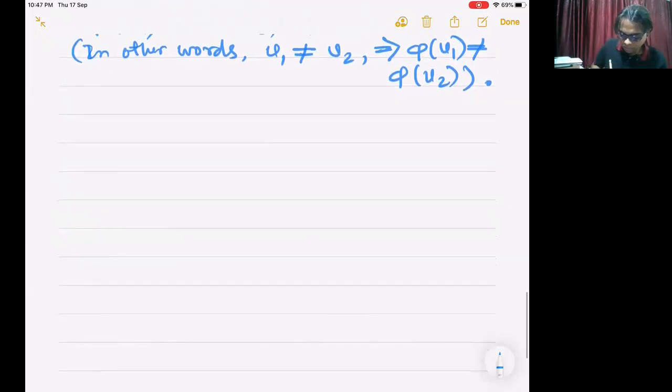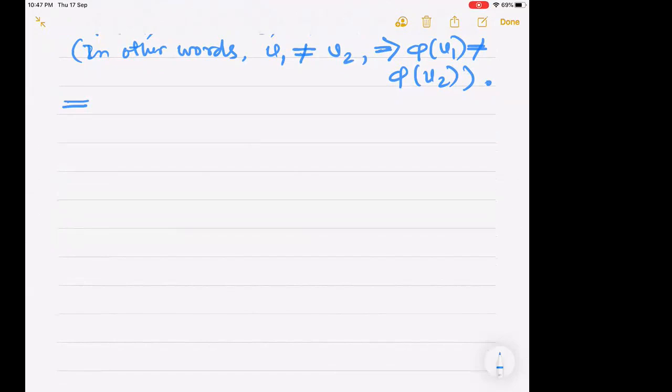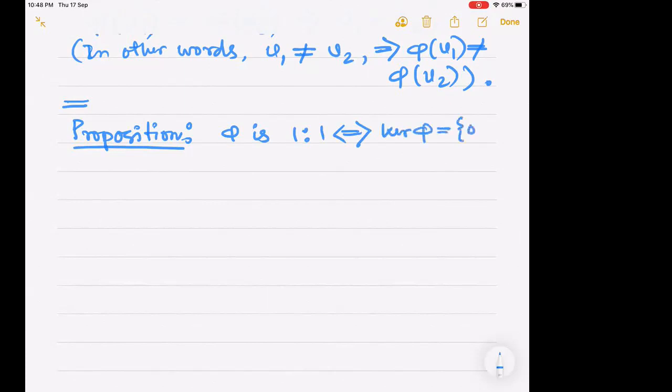So here is the result. The result says, so let me state this as a proposition, yeah? Phi is one-to-one if and only if the null space of phi is just 0.